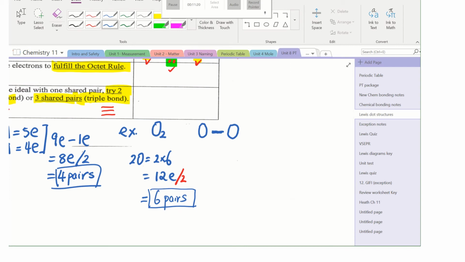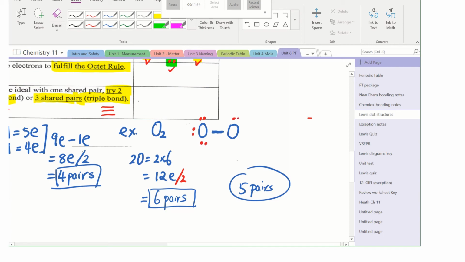So 6 pairs minus 1 pair, I have 5 pairs left. Okay, so I have 5 pairs left. How am I going to put them and make both oxygen happy? So let's give it a try. So what I can do is I can put 3 lone pairs on one oxygen atom, right?